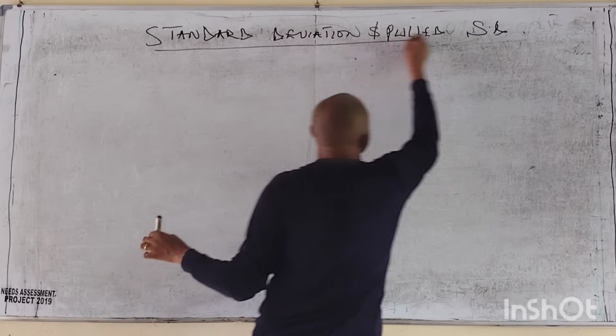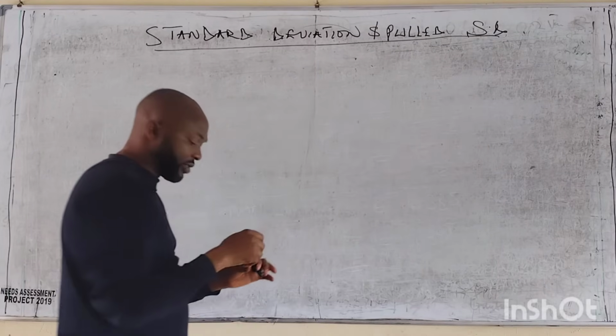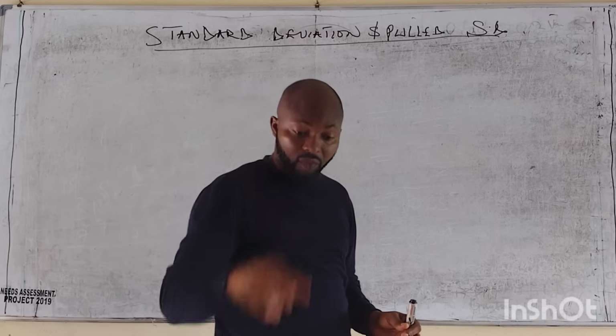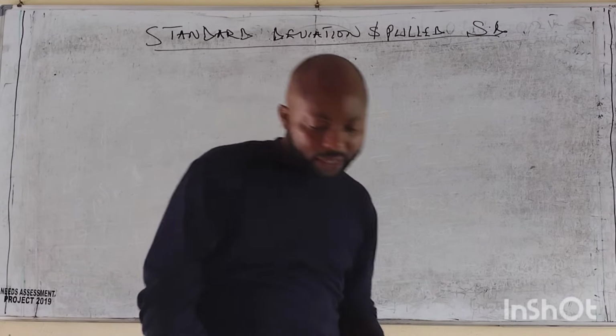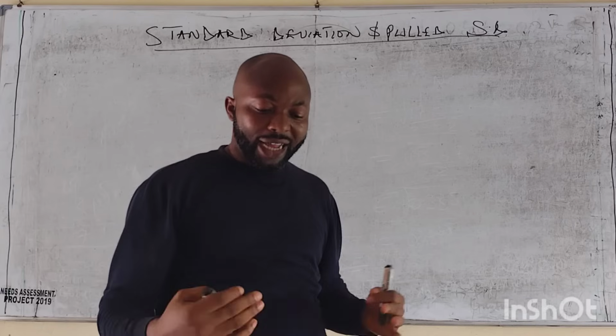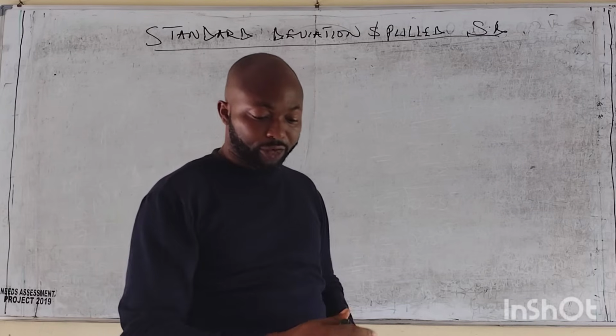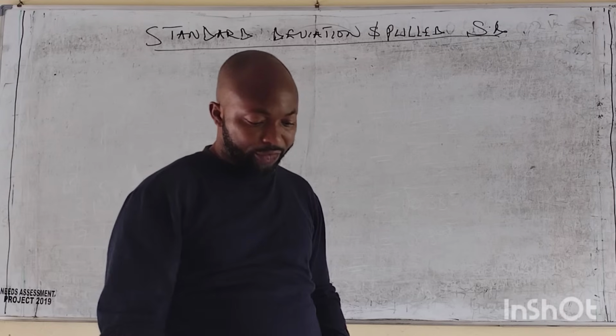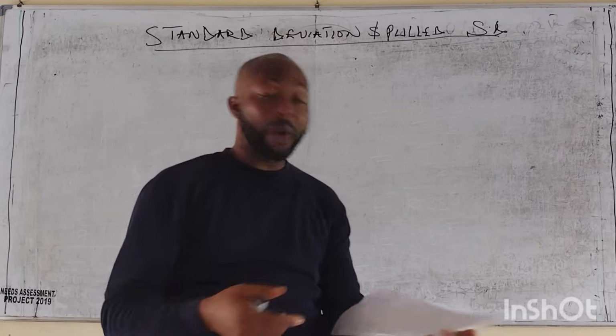So it's standard deviation and pooled standard deviation. So let's take our first question. We say we should calculate the mean and standard deviation of the following set of results obtained from the volumetric analysis. We have, let's call them our x values.